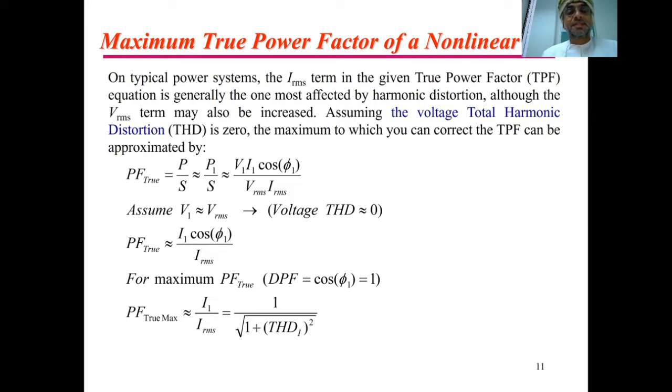On a typical system, the I root mean square term in the true power factor is generally the one most affected by harmonic distortion, although the V root mean square may also be increased. Now let us assume that the voltage total harmonic distortion is 0, so no distortion in the voltage.